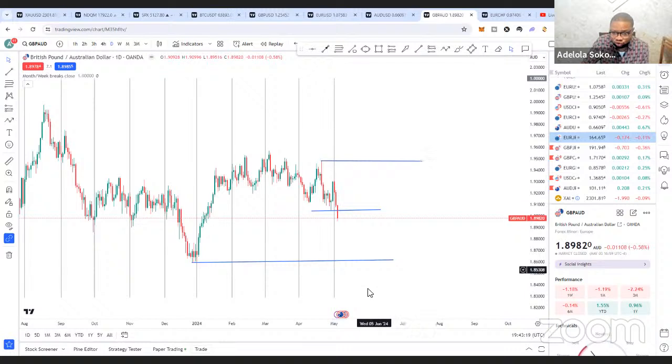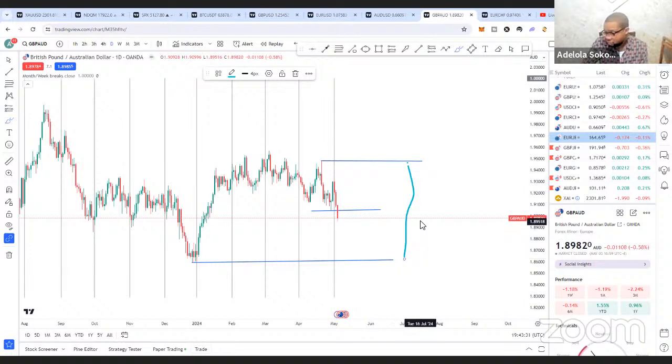So from here to here is our swing structure, like this. But then price has just broken structure. So as a student of market structure, like I explained earlier, you want to wait for price to do this for you, and then boom.